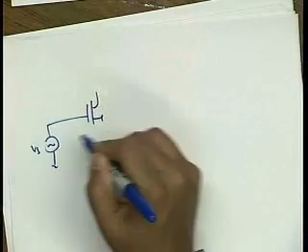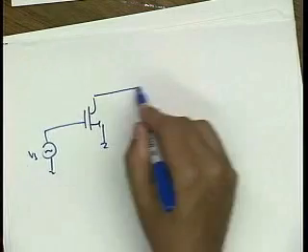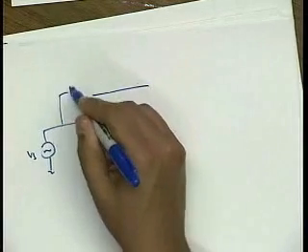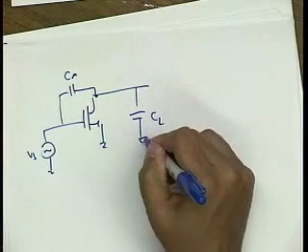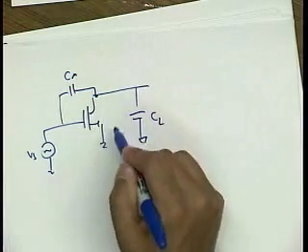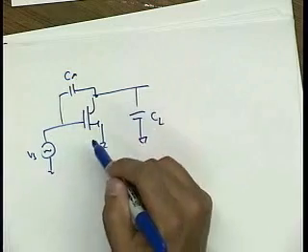So I have a voltage source here, and here I have basically C mu. I have CL, which is drain to bulk of this device plus any load capacitance.